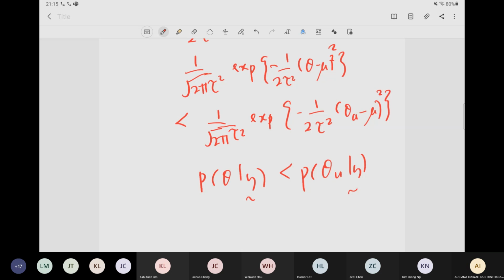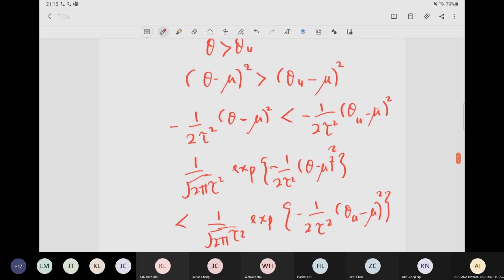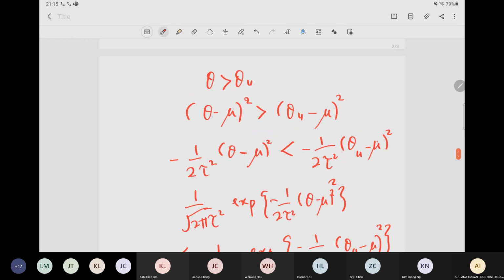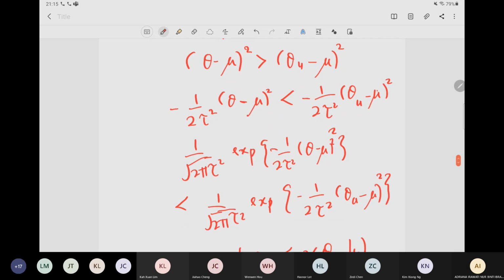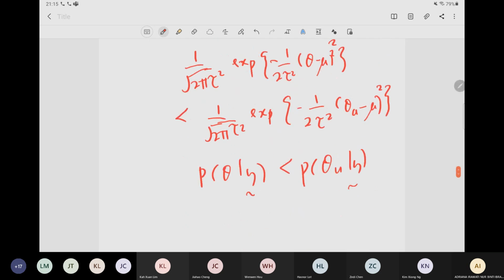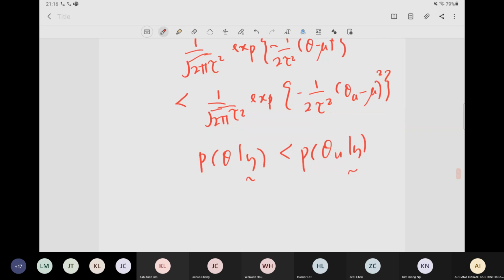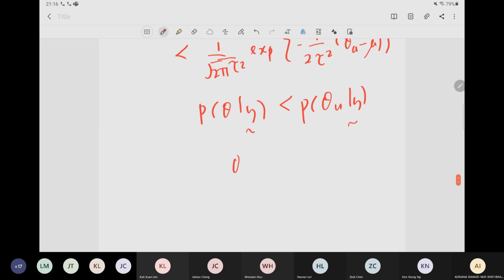This means that we can show that for any theta which is larger than theta U, the density at that theta will be less than the density at theta U. And because this is symmetric, it will be the same: if your theta is less than your theta L, your lower limit, then the density will be larger than at theta L.